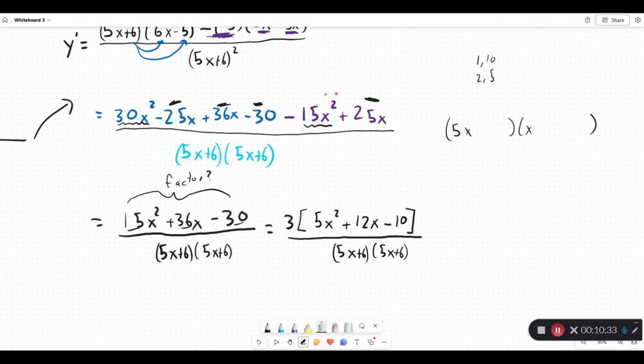That's what simplification is. If you wrote down this answer, you would still be correct. However, if this factored nicely, let's say there was a 5x plus 6 somewhere in there, you would need to ultimately try to grab that in your term.